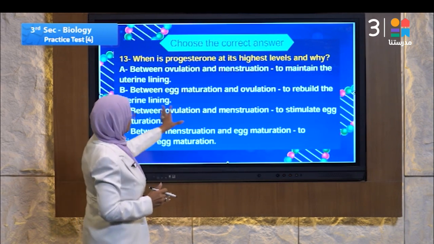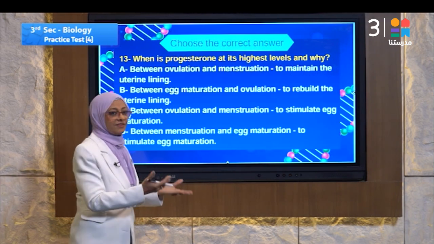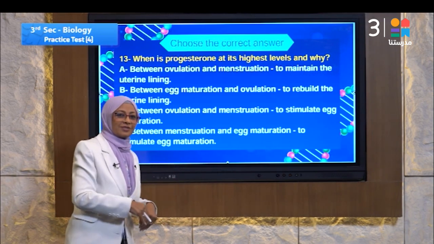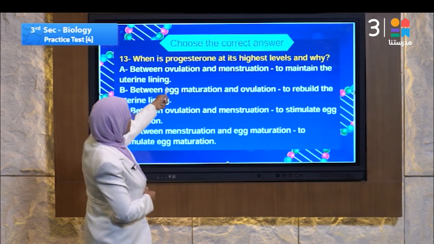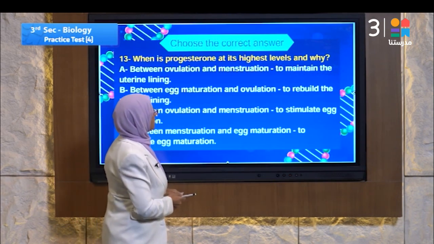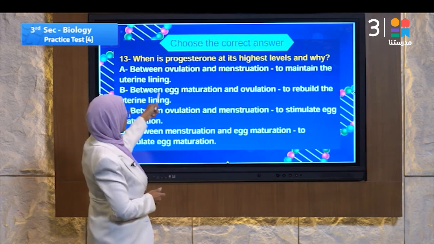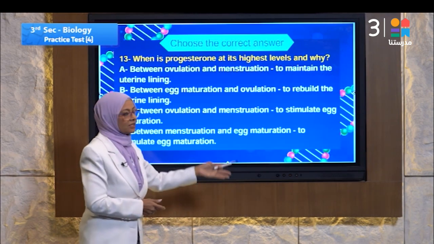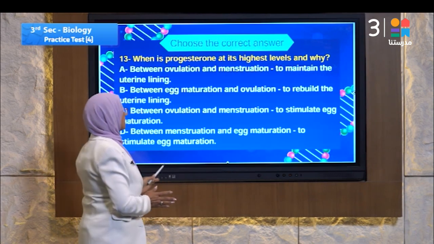Let's read these choices, then see the figure and then return to the choices to read them again. A, between ovulation and menstruation. Why? To maintain the uterine lining. I think the choice is nearly right.